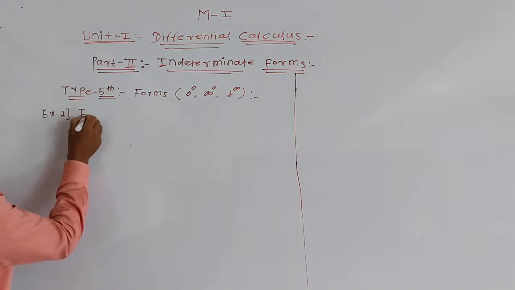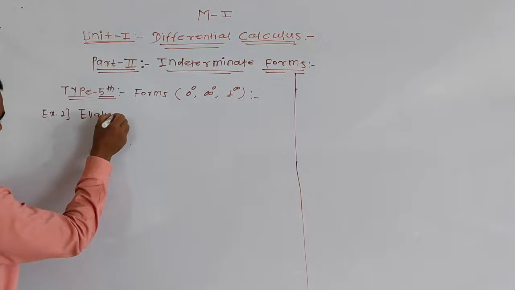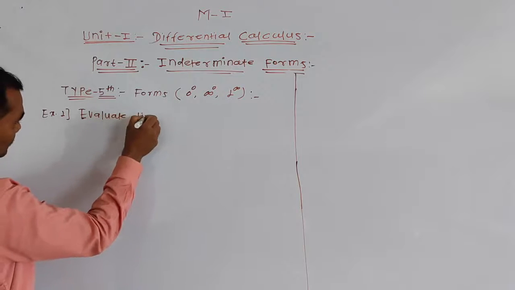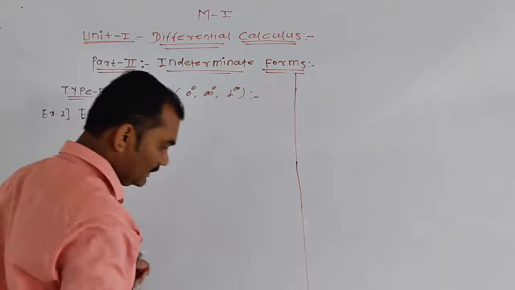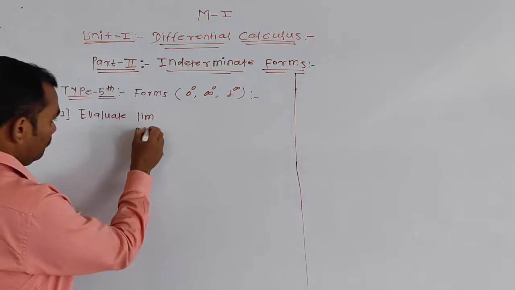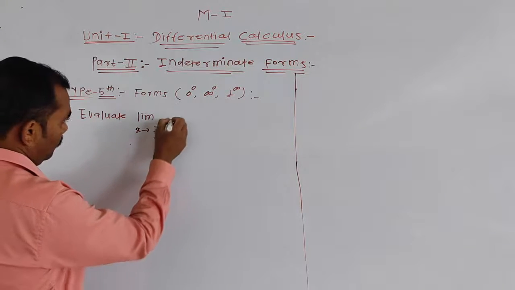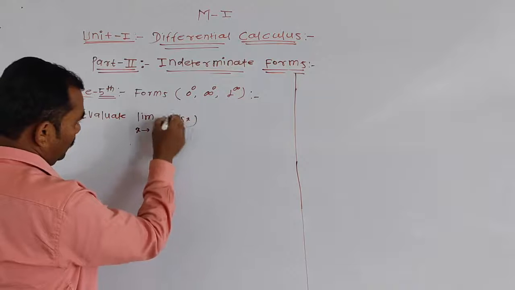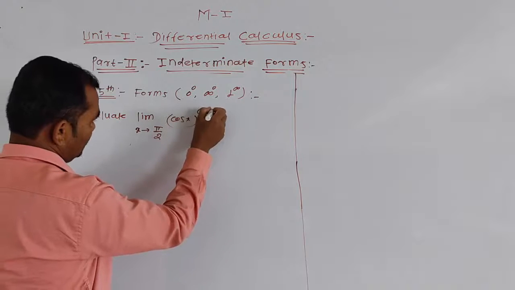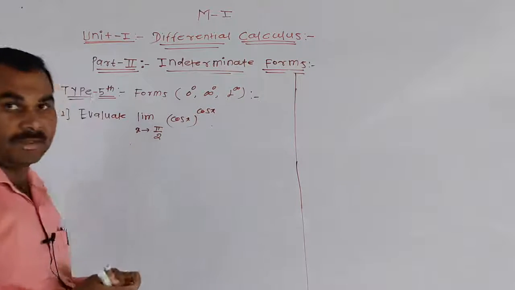Evaluate example first: limit x tends to pi by 2, cos of x raised to cos of x. We will find the answer of this question.